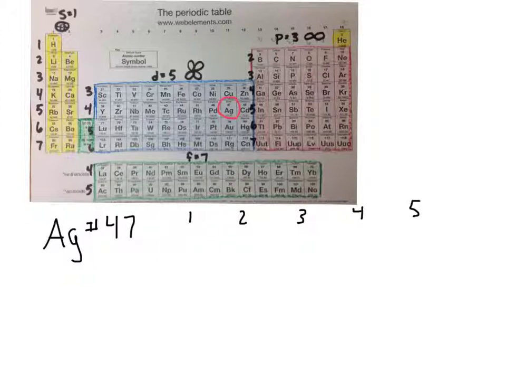So in the first shell, how many electrons does silver have? Well, it has 2, right? In the second shell going across on this row now, because we've already finished that one, we have a total of 8. Now in the third row, we've got to count this and this. So we do have a total of 18 here.